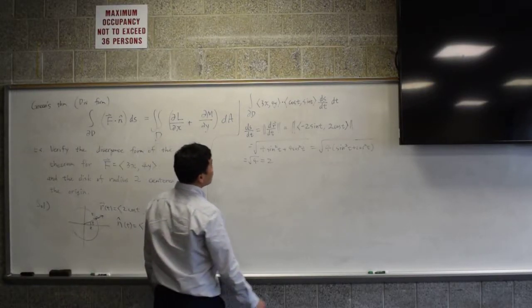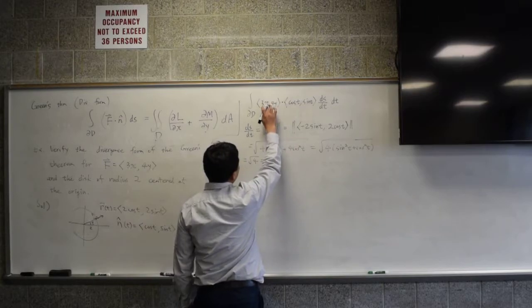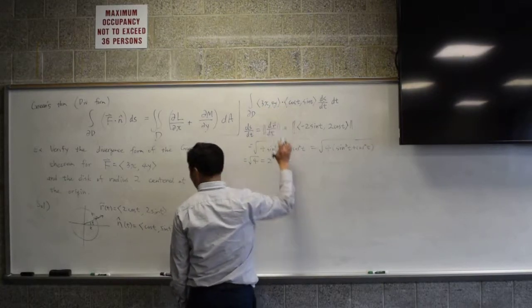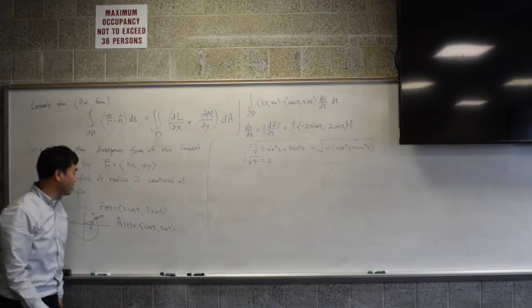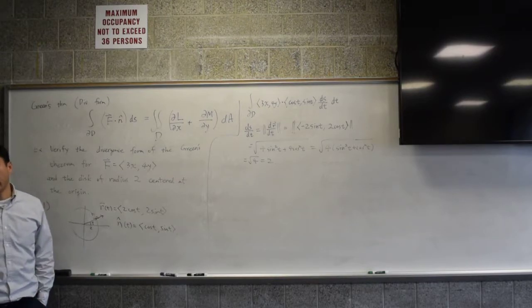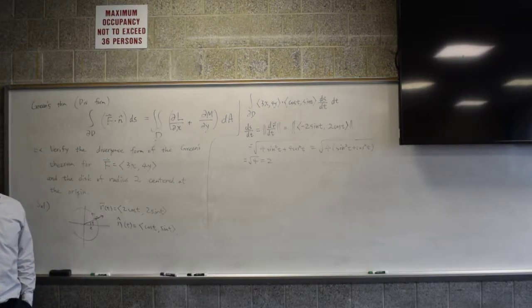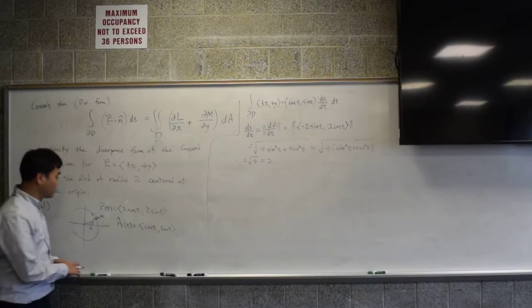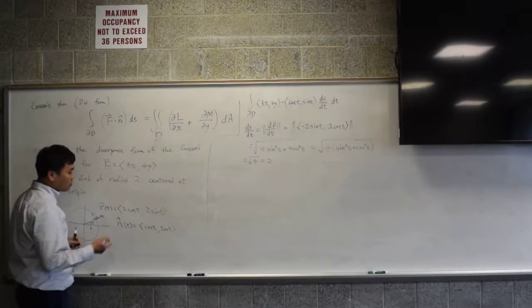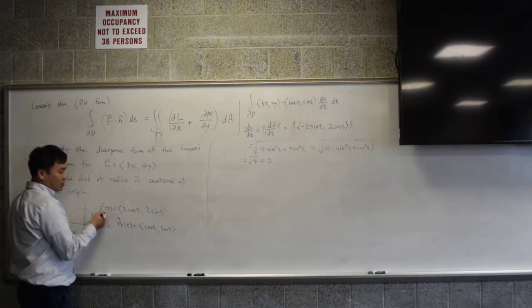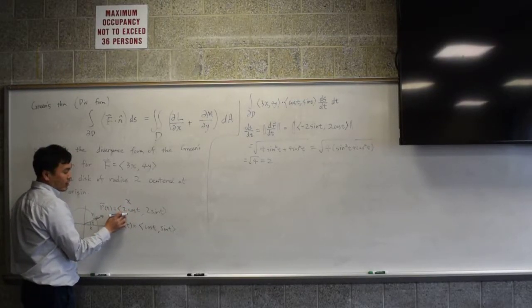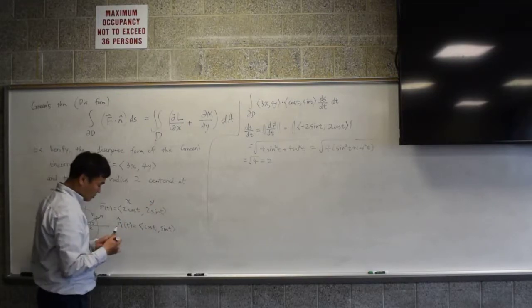All right, so we have it now. However, we need to change x and y into t. What do you replace x by? x should be replaced by 2 cosine t. See, F should be evaluated over this curve, so you should think of x as this and y as this. Okay?